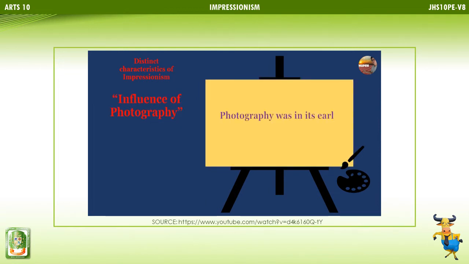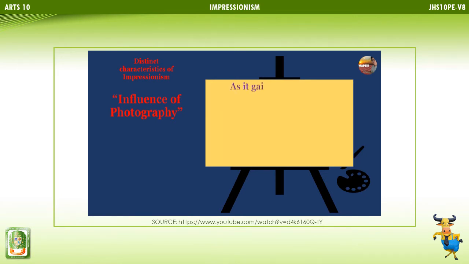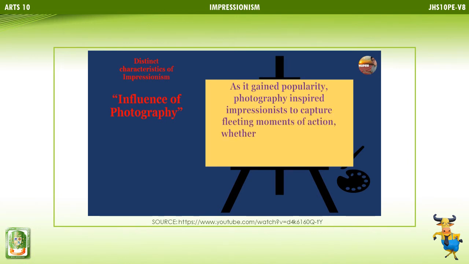Photography was in its early stages at that time. As it gained popularity, photography inspired Impressionists to capture fleeting moments of action, whether in landscapes or in the day-to-day lives of people.